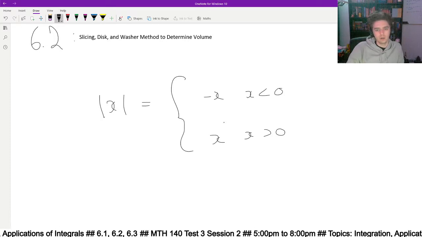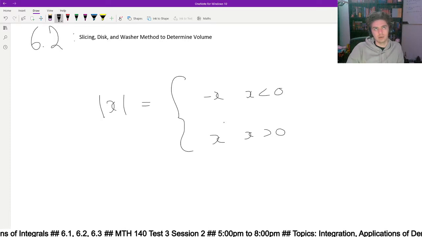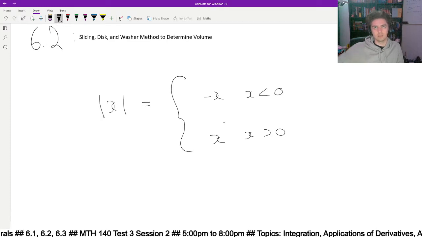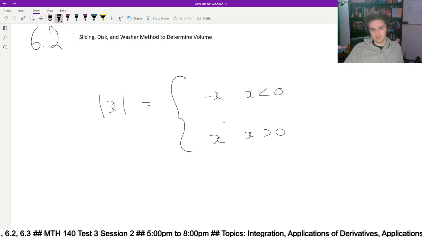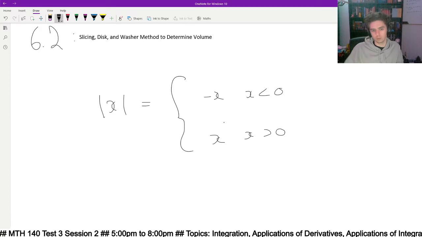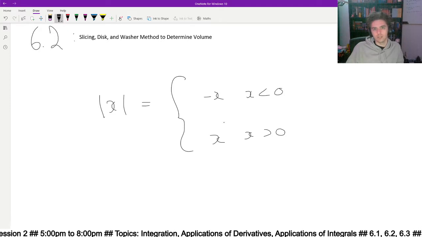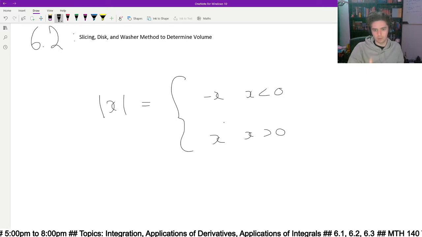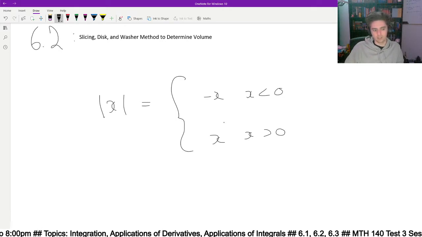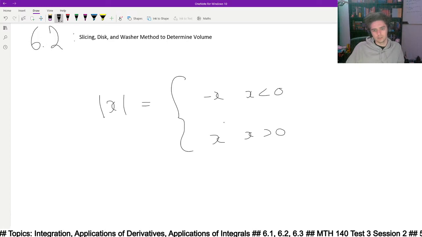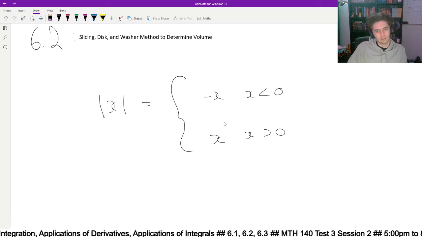So at that point you just say, okay, if the range I'm looking at is negative, then I'll just take negative x. You can just choose which one it is for absolute value. And if it crosses over 0, then you have to split your integral at that point.